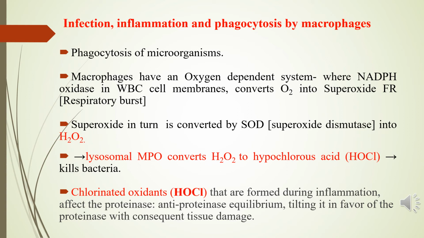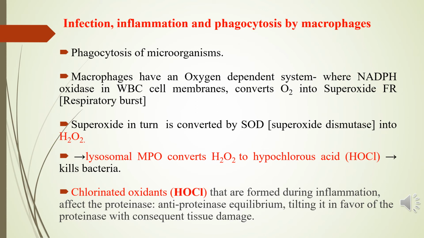And as you know, macrophages have an oxygen-dependent system, which is a myeloperoxidase system, which uses the reduced NAD phosphate oxidase in the white blood cell membranes that converts oxygen into superoxide free radicals. This superoxide is converted by superoxide dismutase into hydrogen peroxide.